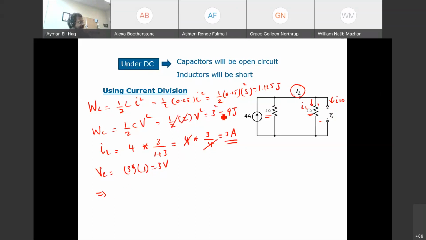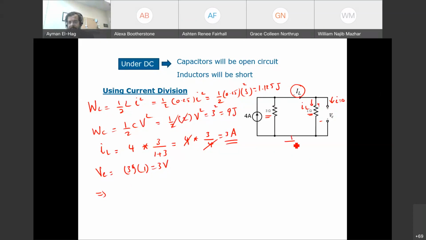Now as I said previously, in the final I will not specify any technique to use. So here I suggested to use voltage or current division. You can use nodal as well.